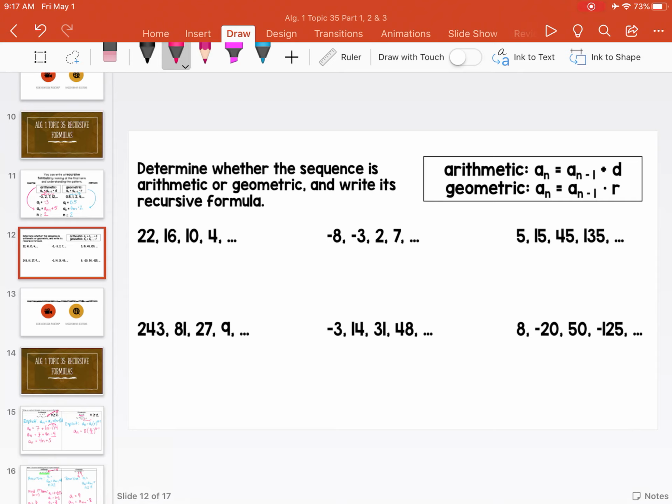So I am using the same number to jump from 22 to 16, from 16 to 10, from 10 to 4. Specifically, that number is -6. But remember, with arithmetic, we're adding. So I'm adding a -6.